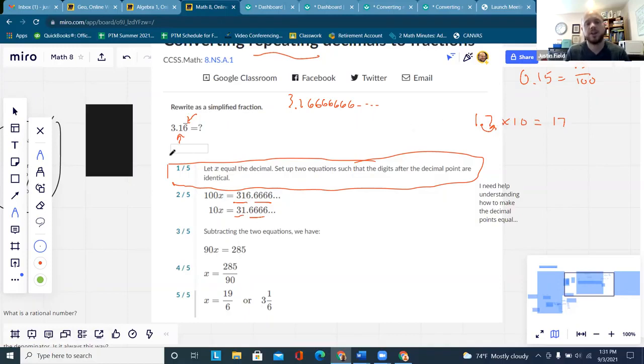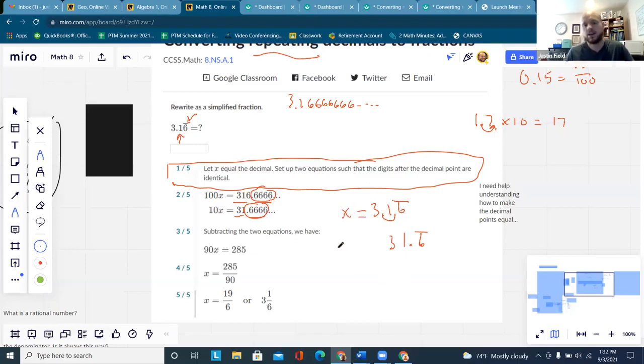And so what we're doing here is multiplying by 10 in order to move the decimal point so that only the repeating part is behind the decimal. So let me just say, if I have 3.16 repeating, I want to move the decimal point over so that it's 31.6 repeating. That way, only the repeating part is behind the decimal.